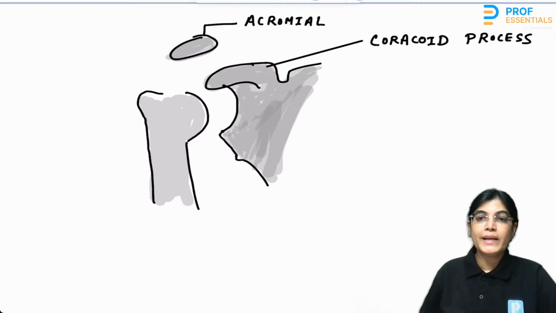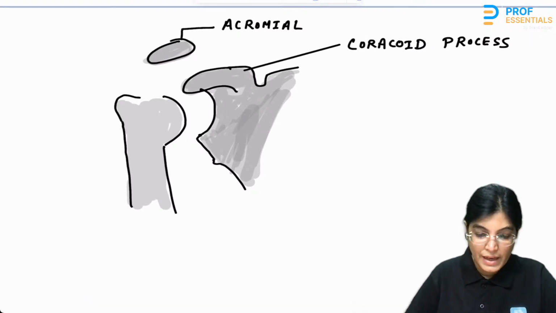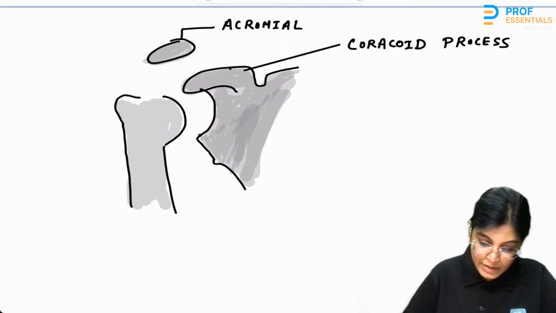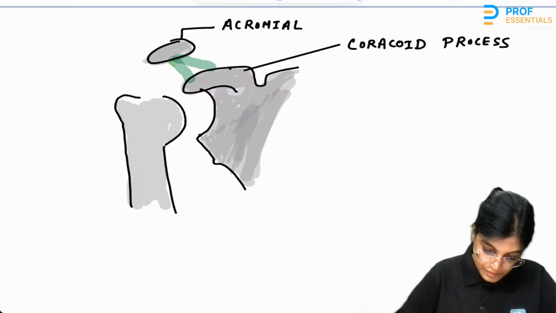And this coracoid and acromial process is connected by the coracoacromial ligament. So we will draw here green. Let me use green color. Like this.